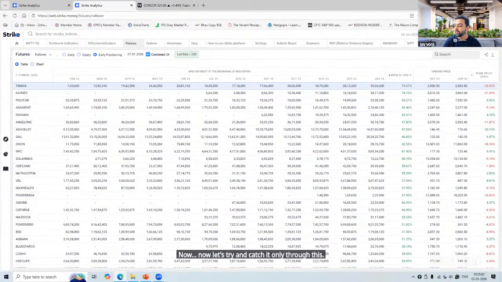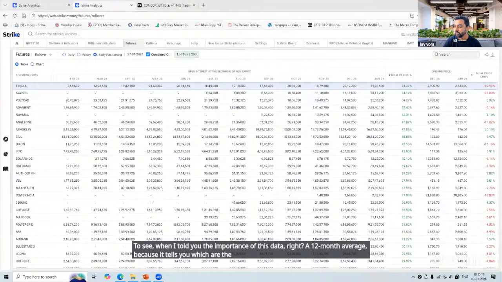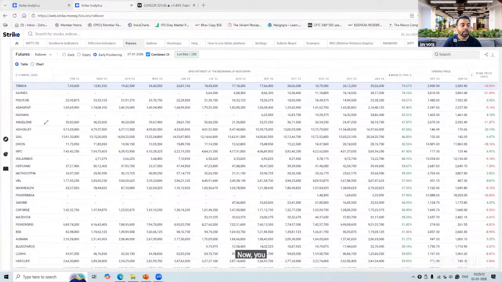So see, when I told you the importance of this data, a 12-month average, it tells you which are the outliers. Now you see something like, for example, Adani Enterprises. You can see over here that the surge is 52%, right?